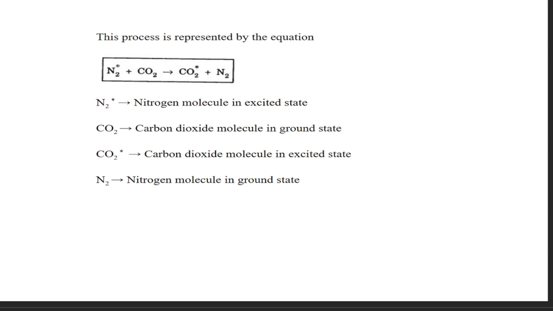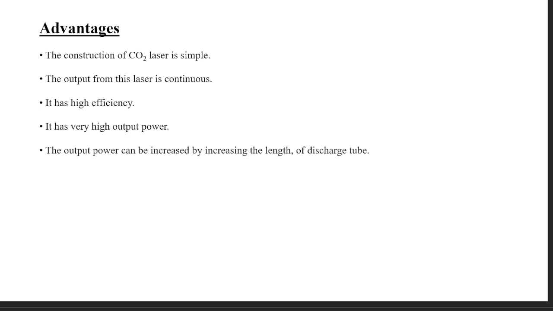So N2* molecules give the energy to the CO2 molecule, and the CO2 molecule will get excited, and therefore the transitions of 10.6 and 9.6 micrometer are observed, and we will get the final laser output. So this is all about the working of the CO2 laser.